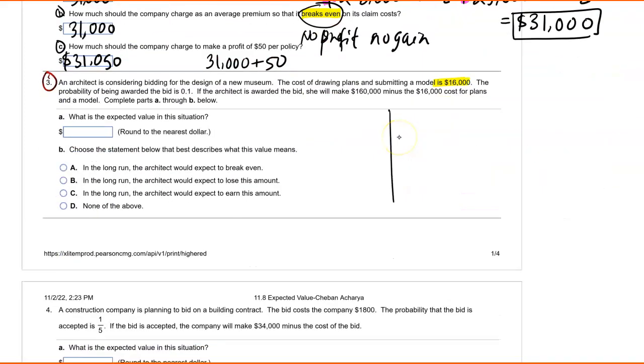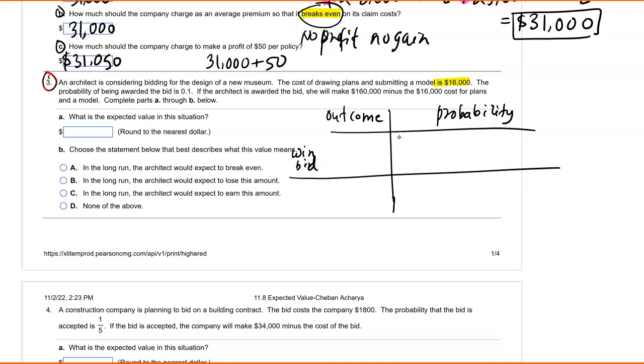Here are two outcomes, and each outcome has a probability. What's the outcome? Either she wins the bid or loses the bid, right? What's the chance of her winning the bid?